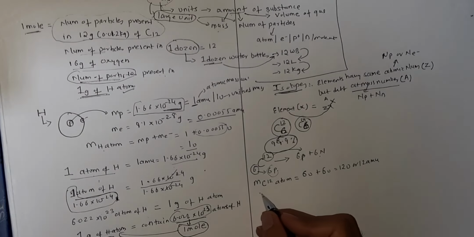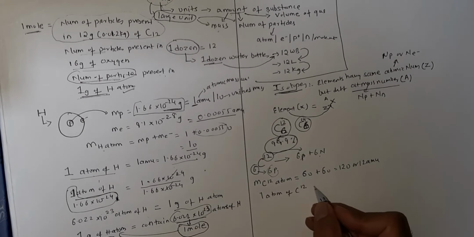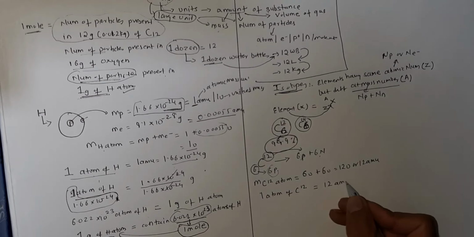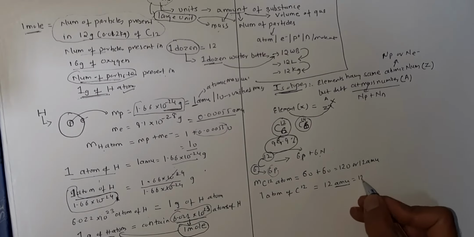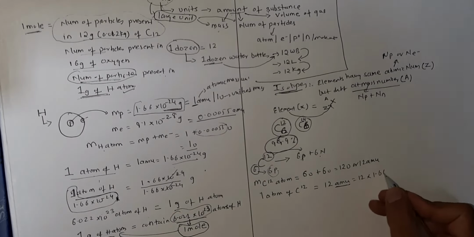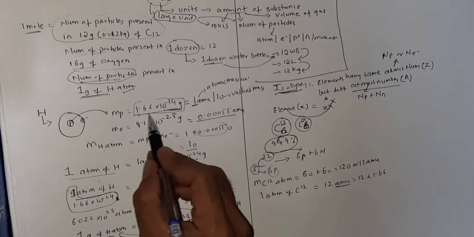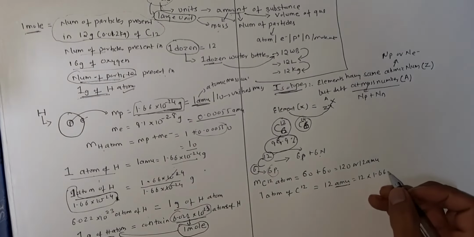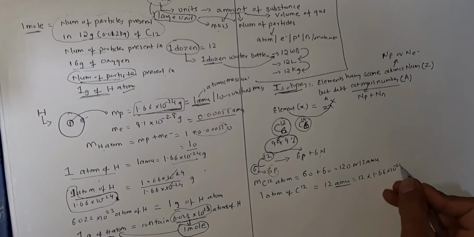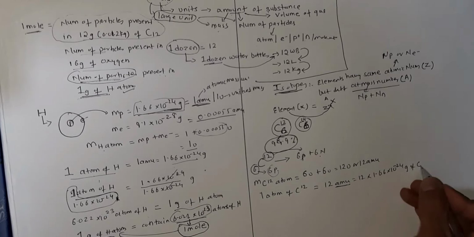So 1 atom of C12 is equal to 12 AMU. Now how will you convert AMU into gram? 1 AMU is 1.66 into 10 raised to minus 24 gram of carbon.